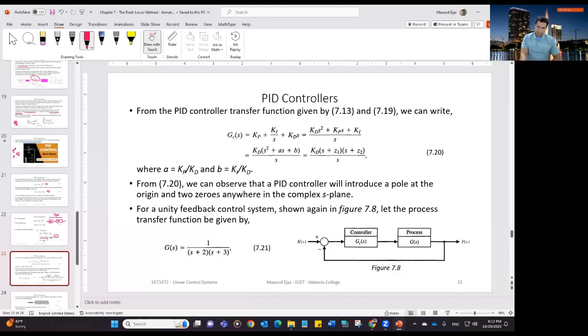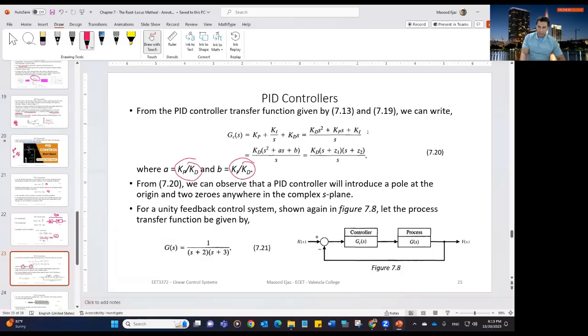If we take the KD value as a common factor, so that our S squared term has a coefficient of 1, then we can write S squared plus A S plus B. A is going to be KP over KD, and B is KI over KD.